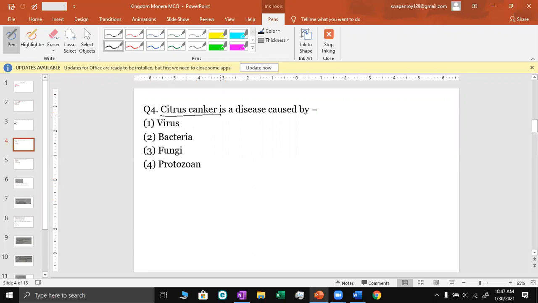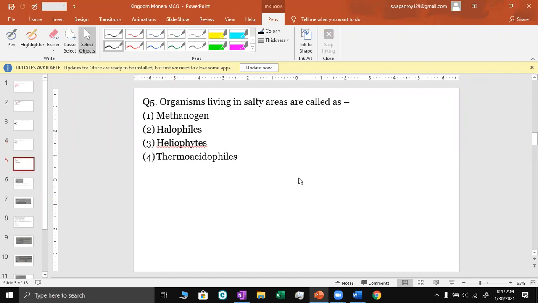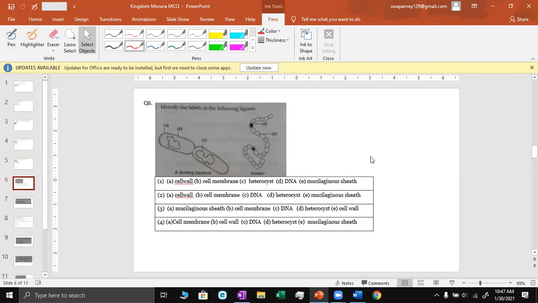Citrus canker is a disease of citrus fruits, the lemon group of fruits, and it is a bacterial disease. Organisms living in salty areas are halophiles. Then come to the next.